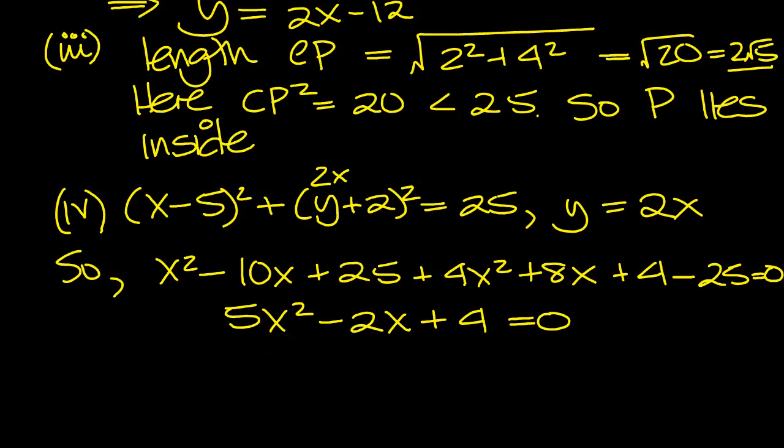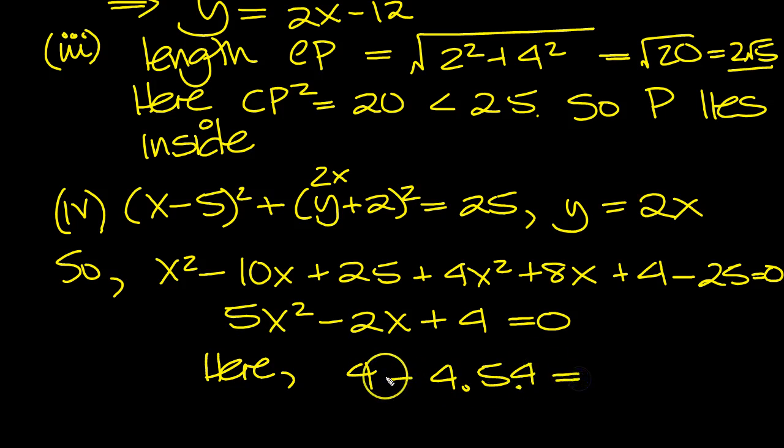Let's have a look at the discriminant then. Here, b squared, which is 4, minus 4 times a, 5, times c, which is 4, is equal to 4 minus 80. 20 times 4 is 80, so it's −76, which is less than 0.